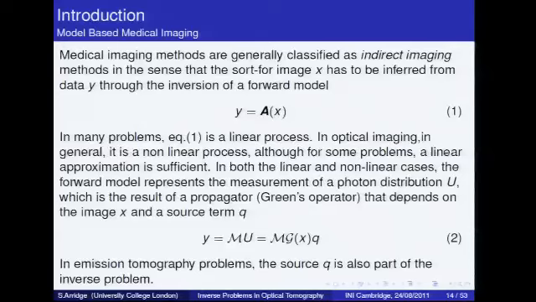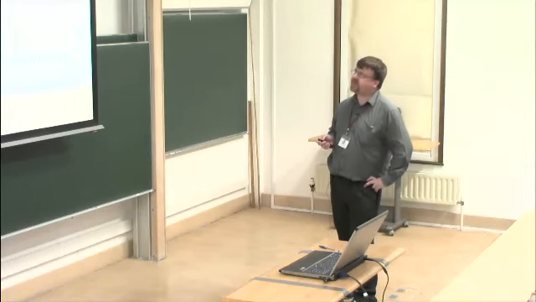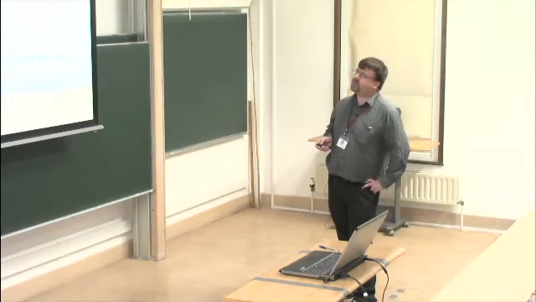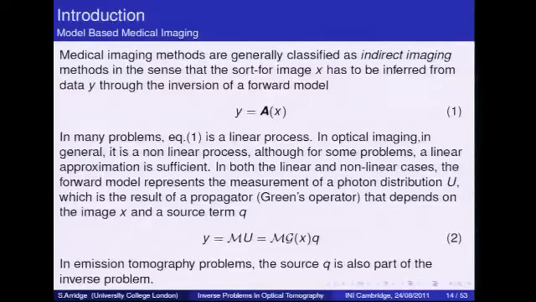There are, however, some linear versions that are also useful, so I'll come to that shortly. One way we can analyze this is to regard the measurement as an operator M on the boundary measuring an internal field, which in this case is the photon density, which in optics is called the fluence.